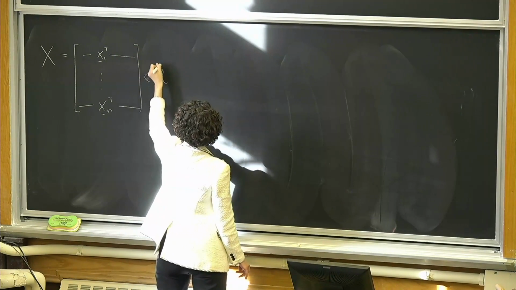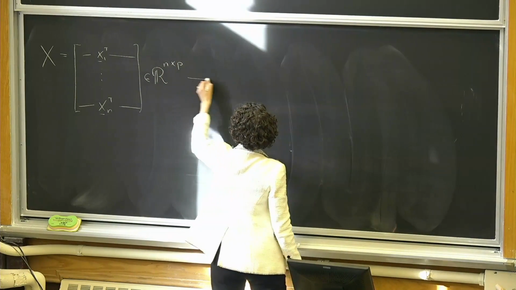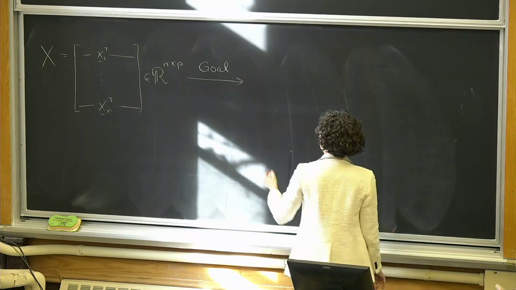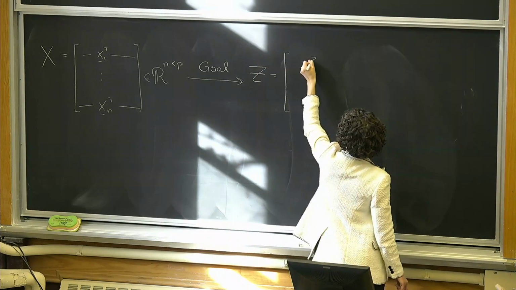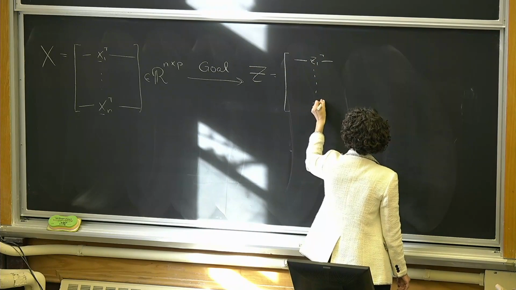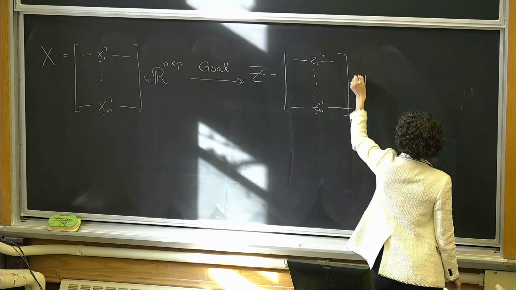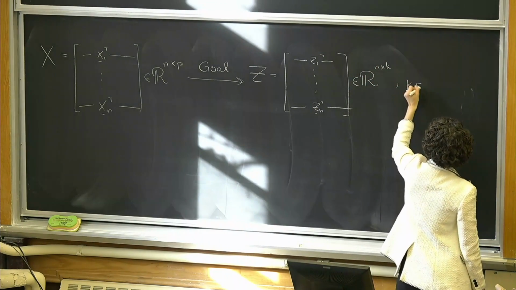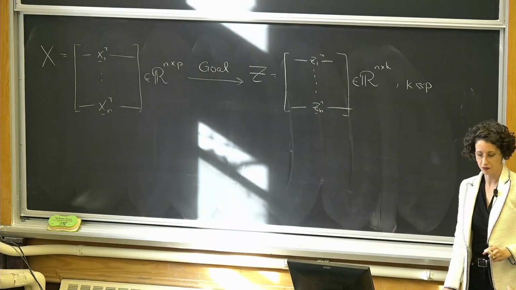So this matrix now is N by P. And our goal is to take this and transform it into a new matrix Z, which is going to have rows Z1 transpose all the way to Zn transpose. So we've got the same number of rows, but now each of those rows has only K entries, where K is much smaller, ideally, than P.